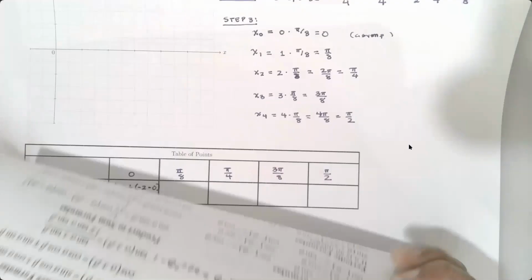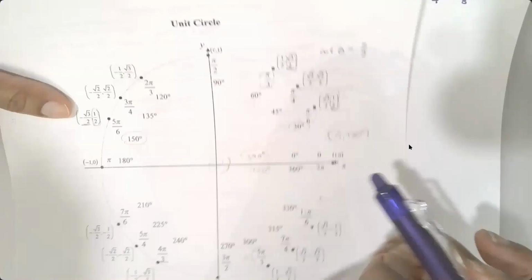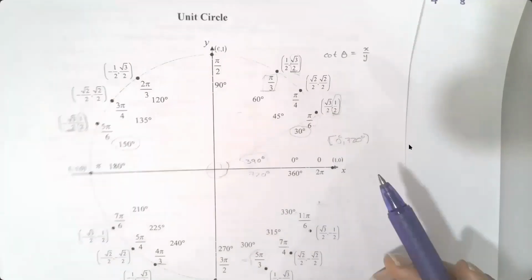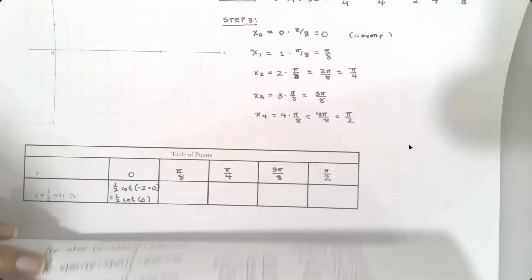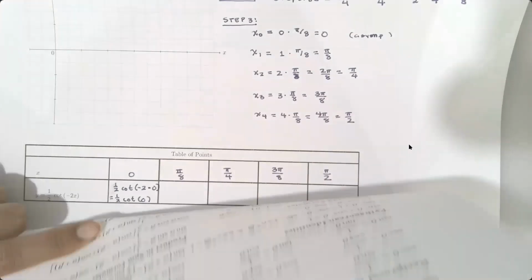This is a unit circle that has already been pre-printed, not the one that we have on the lecture notes, but you can find the unit circle anywhere online. This is one that I found online, and I'll also post up as a reference for you guys. But we're looking at cotangent of 0 radians.